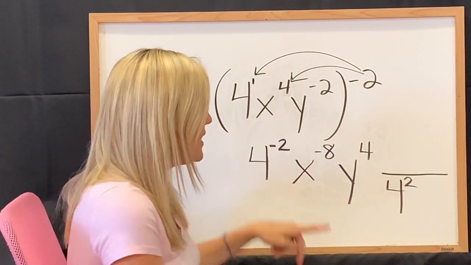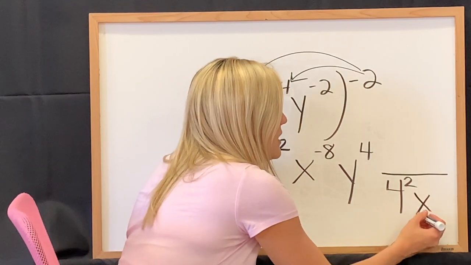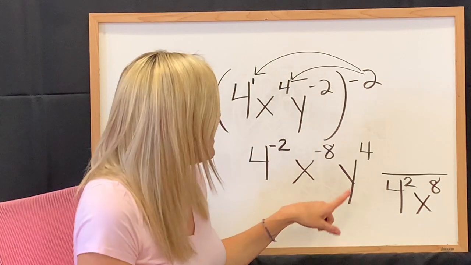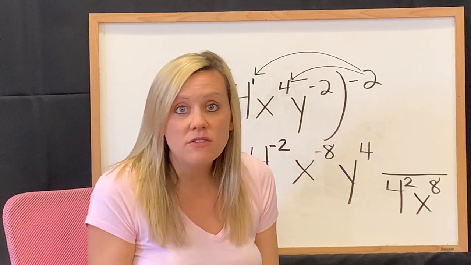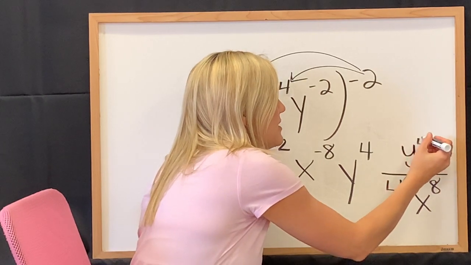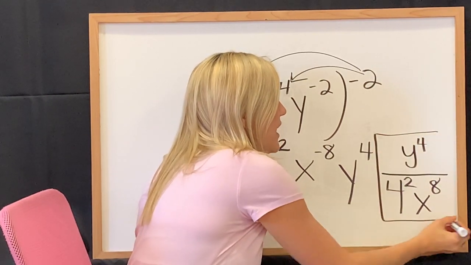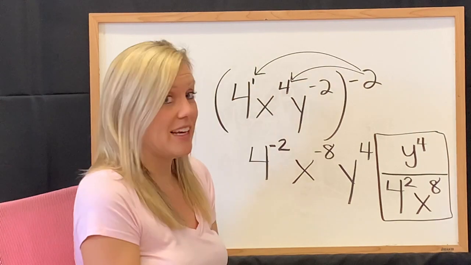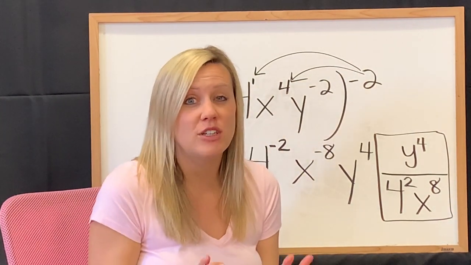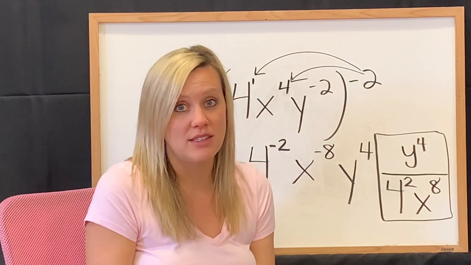This one's also negative, so I'm going to write it down here as a positive because it really just means divide. And then this one right here is positive, so it's just going to stay in the numerator like this. So this is the final simplified answer of this problem. Your answer should never contain negative exponents.